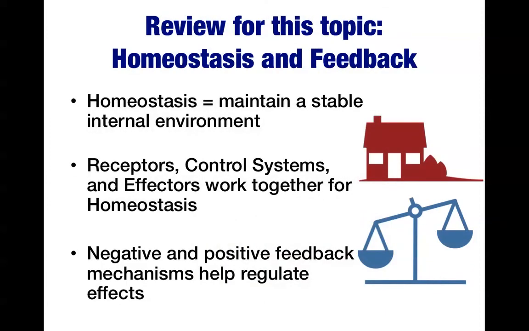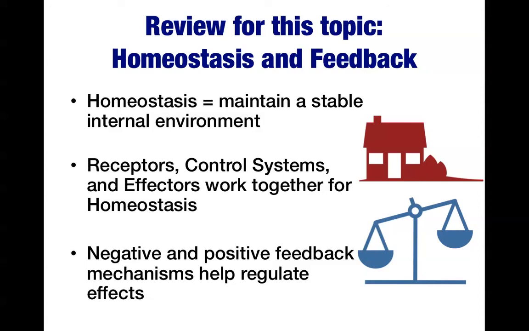To review, remember that homeostasis is your body's ability to maintain stable internal conditions despite a changing outside environment. Think of the home with a thermostat. Your body acts in a similar way, although it has different receptors, control systems, and effectors.